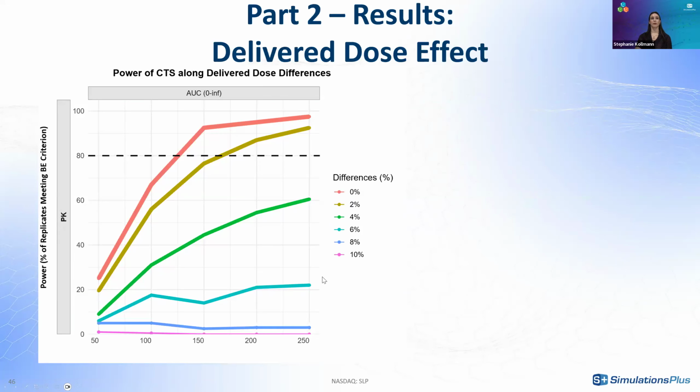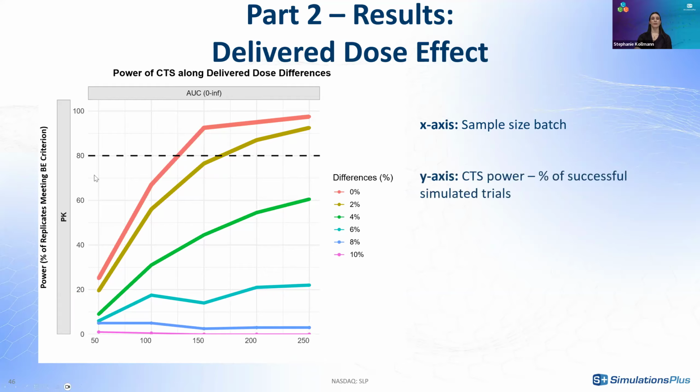Here we can see a plot where the study power is plotted against the sample size. The power of the clinical trial simulation is basically a function of sample size. Here we see as an example the AUC metric for the PK metric, the AUC from 0 to infinity. So on the x-axis, we have the number of subjects included in the simulated clinical trial.